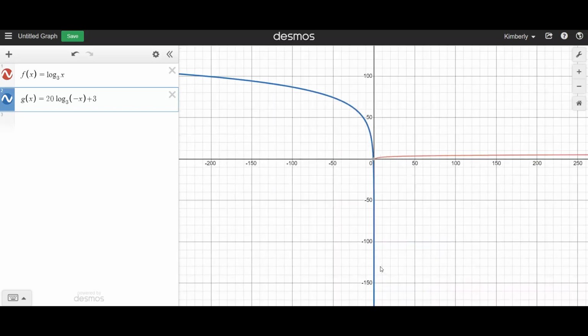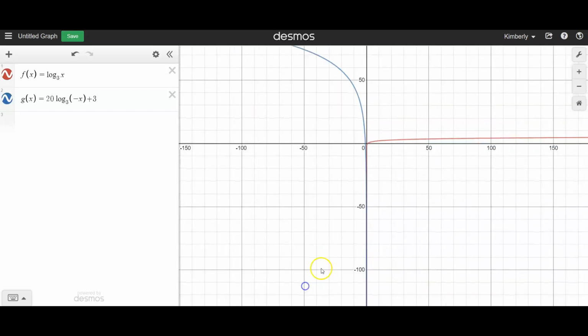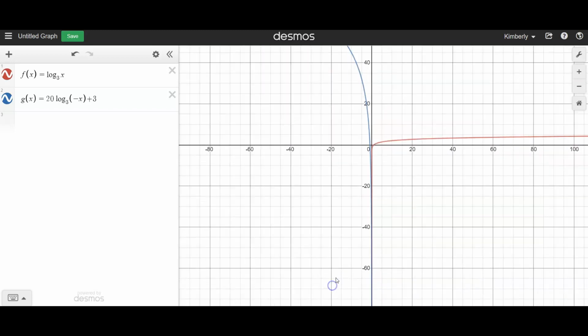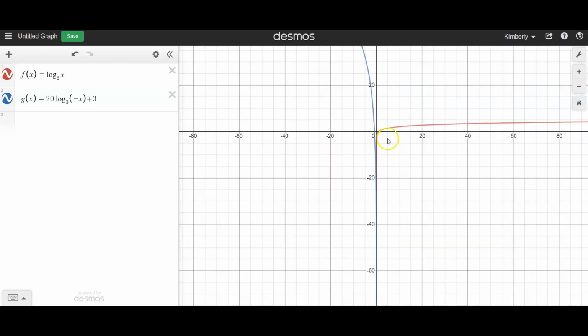So basically what has happened is, the base was 3, so you're taking that point of 3, 1, and then you're tripling the distance from there. So instead of 3, 1, it becomes 3, 20, and then you're reflecting over the y-axis, and then you're going up 3.